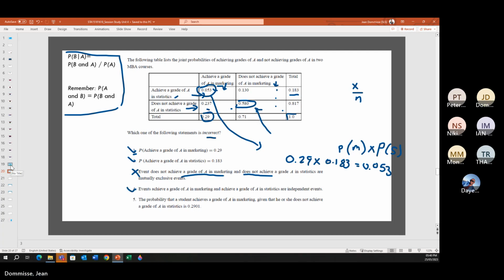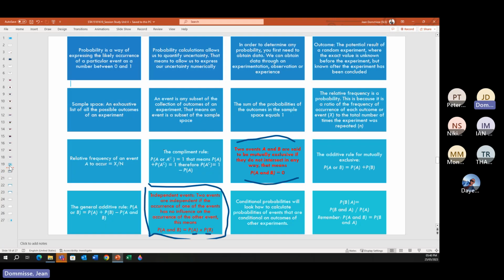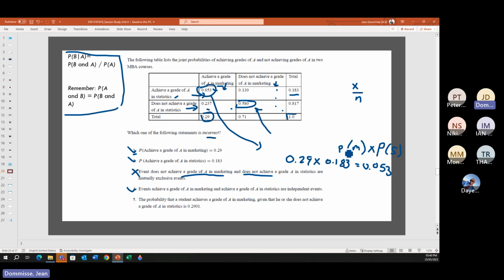So remember, for independent events, the probability of A and B is the probability of A times the probability of B. So that is what we did here. The probability of the one times the probability of the other one. And in this instance, it was equal to what they've given us. So it is independent.